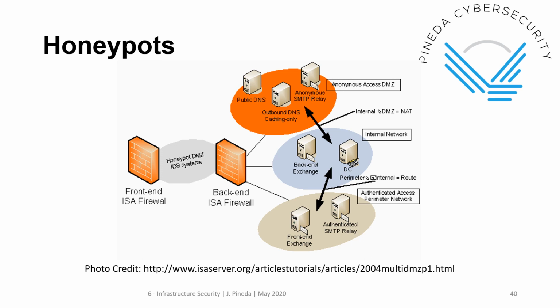Okay, so here's an example of honeypots. There's a honeypot demilitarized zone, IDS systems. You can have an anonymous access DMZ, an internal network, an authenticated access perimeter network.